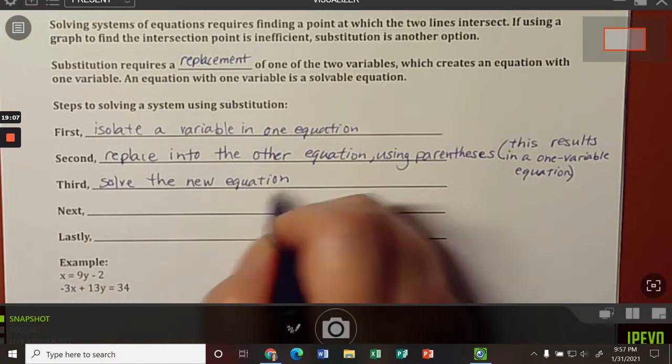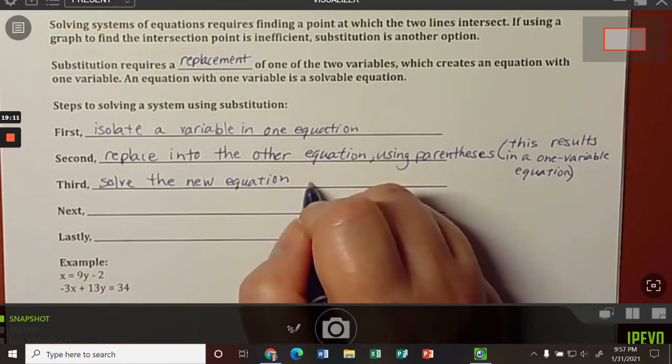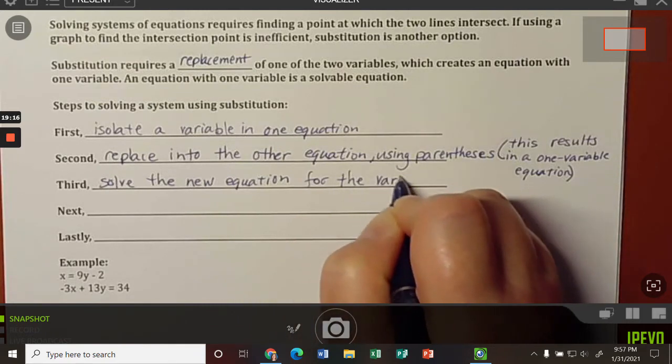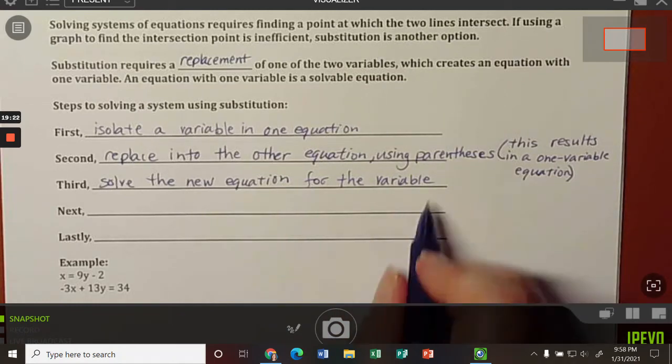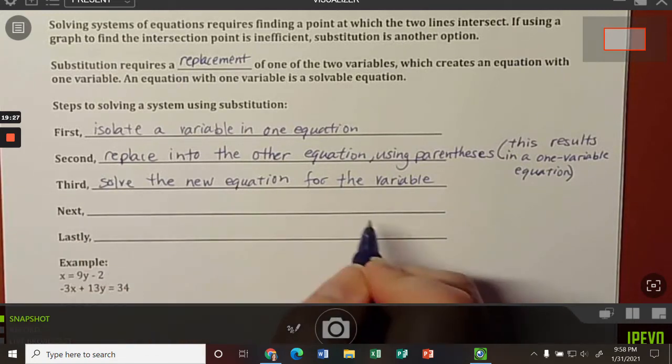And then you'll have one of your variables identified. And so solve the new equation for the variable. Okay, that could be your x or it could be your y, whatever your one variable equation had in it. And then substitute that variable into one of the original equations to solve for the other variable.